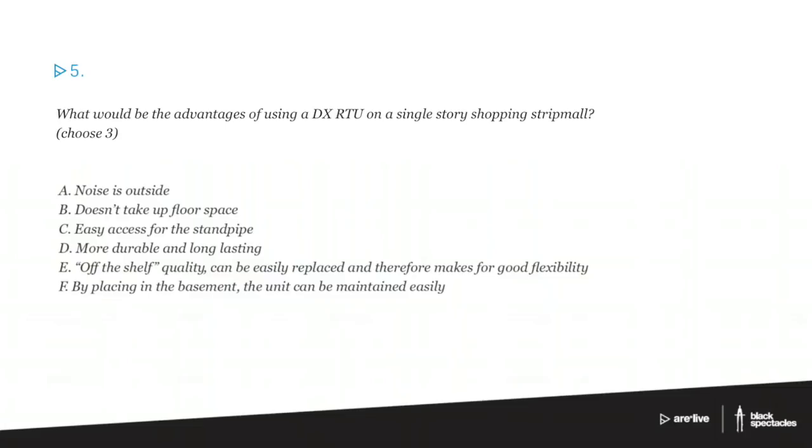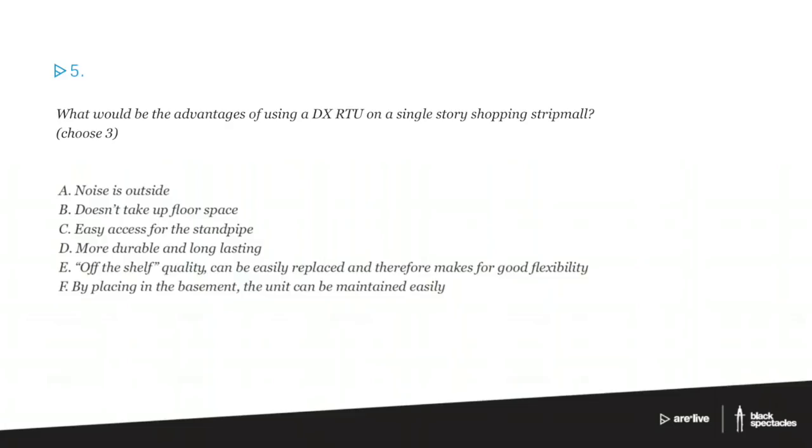And the DX means that it's working with refrigerant, and the refrigerant is directly part of the transition of heat or cooling from the refrigerant system into the air that's being blown into the space. So there's no chilled water loop, there's no secondary system, it's just directly working with the refrigerant.